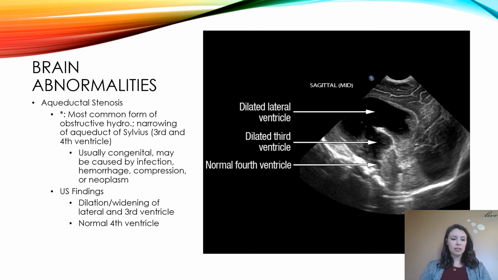The ultrasound findings that we will see is dilatation and widening of the lateral and third ventricles, but the fourth ventricle will be normal. And on this picture, you can see all this dilatation. Here's the third ventricle, and then here is the normal fourth ventricle.